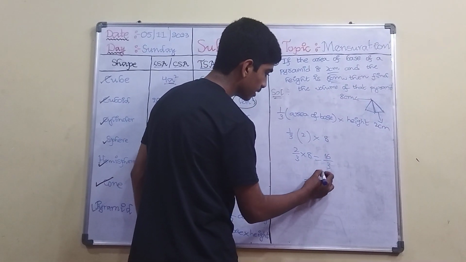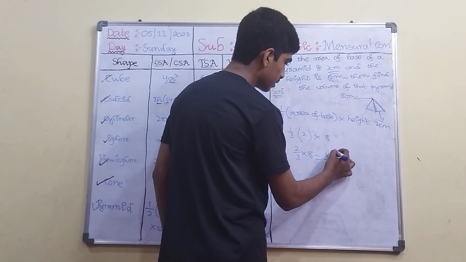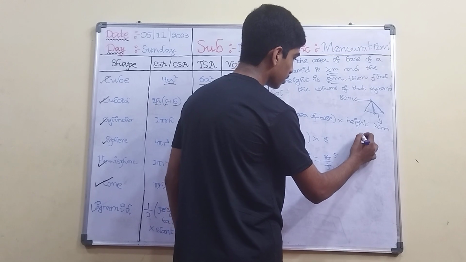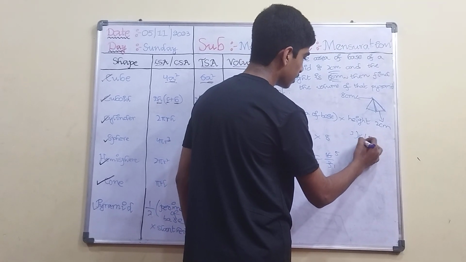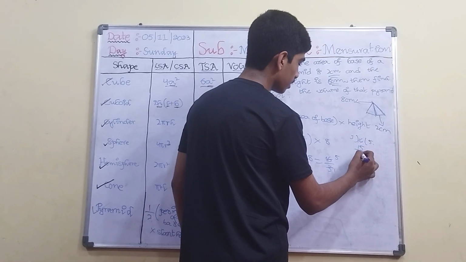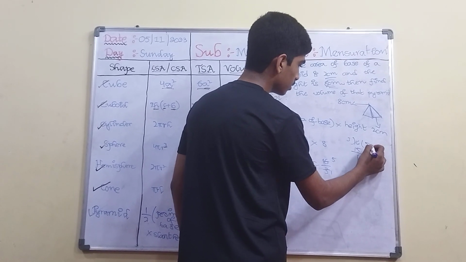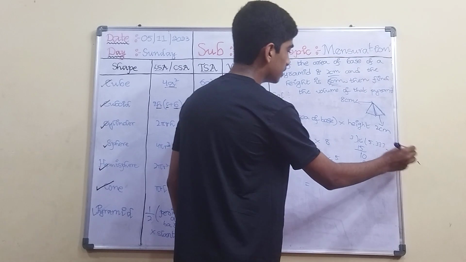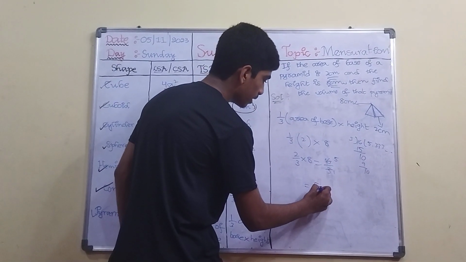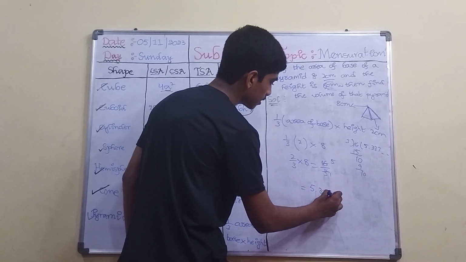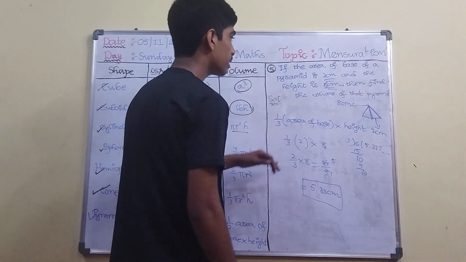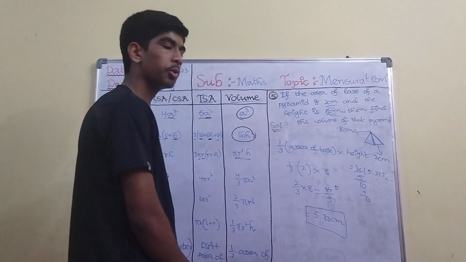Cancel it. 3 fives are 15, point 0, 3 threes are 9, 1 again, point 5.333. So 5.33 centimeters is the volume of the given pyramid. So hope you guys understand. Thank you.